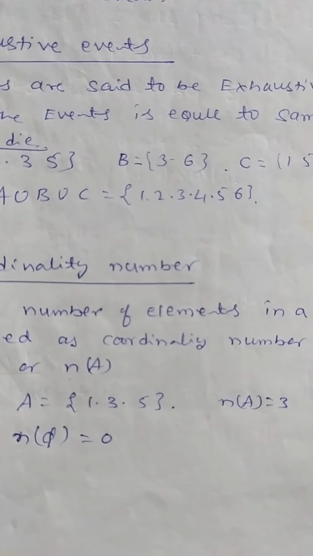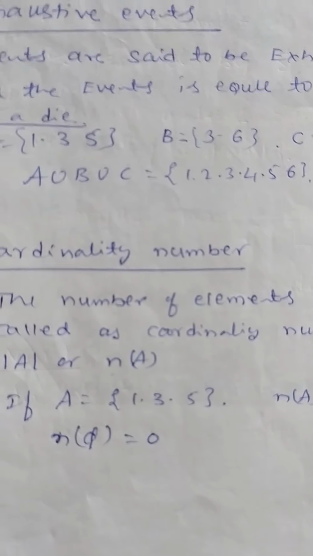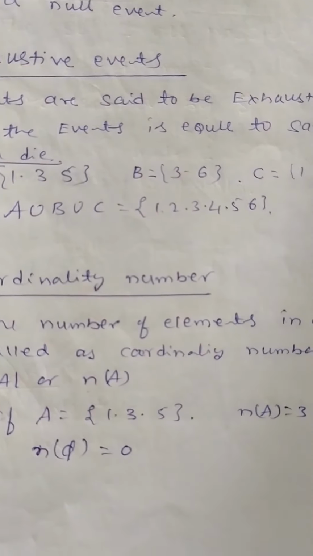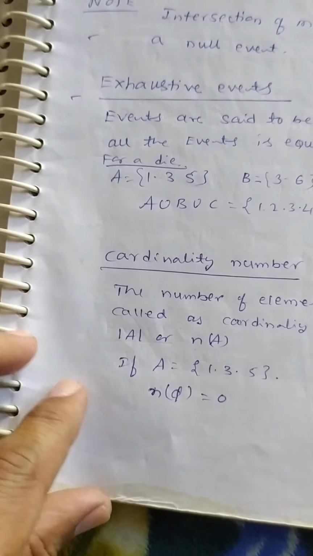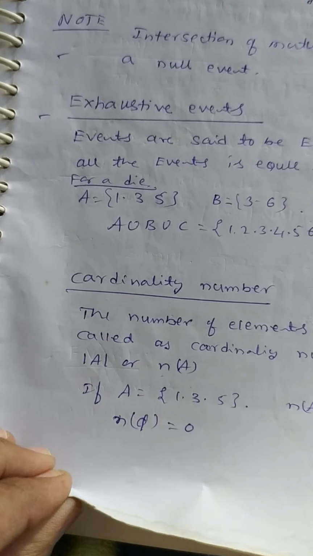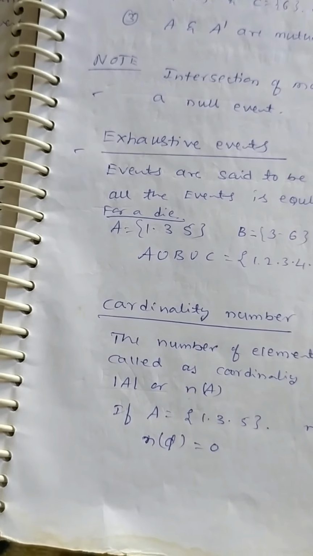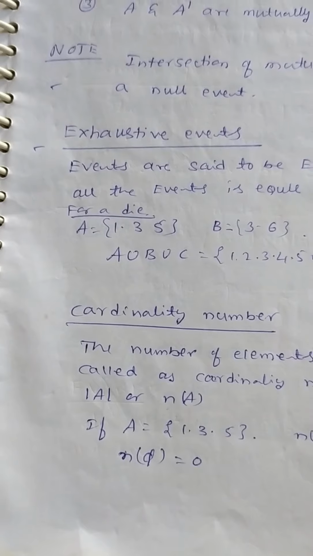And what is the cardinality of the null set? There are no elements, so it is 0. That means the cardinality of the intersection of mutually exclusive events is 0, that is, for a disjoint set it is 0.